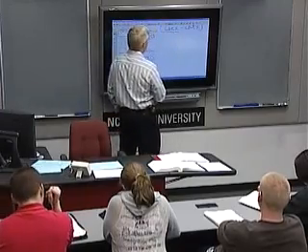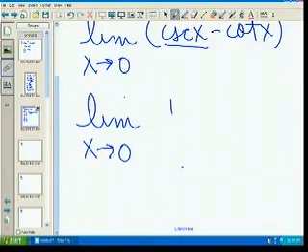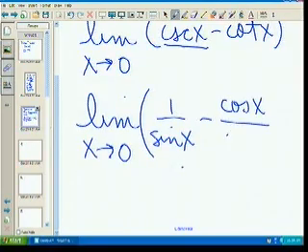So cosecant, how could we rewrite that as a fraction? 1 over sine. And very conveniently, cotangent is cosine over sine, so they already have the same denominator.